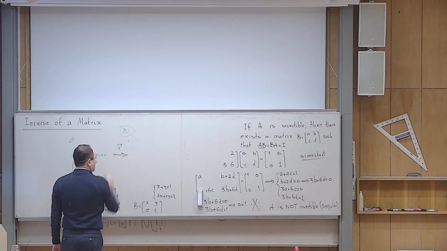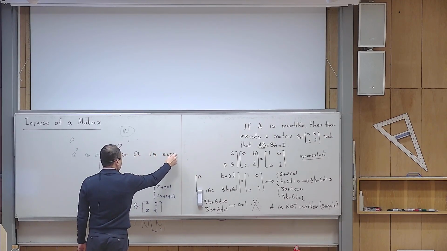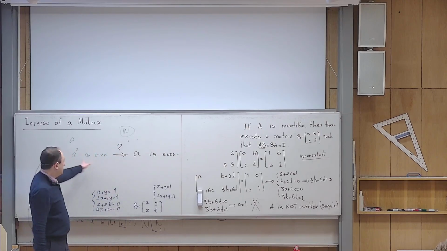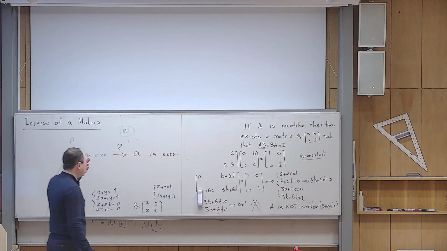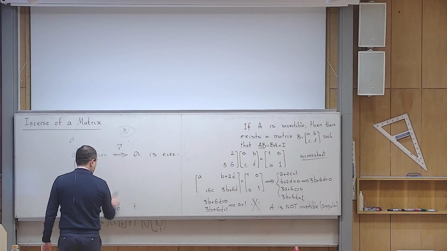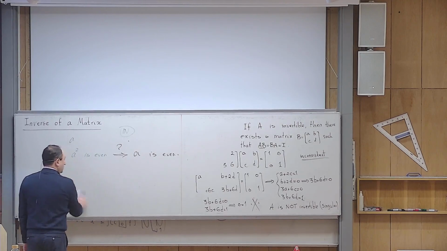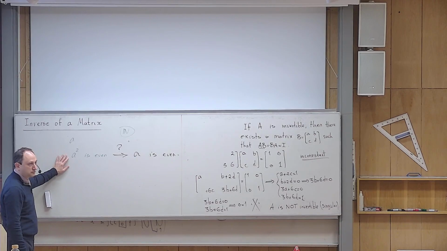You are claiming that a is even. Yes? And I agree with that. That's 100% true. But this is a very simple example to understand that proof by contradiction is really sometimes necessary. Okay? And unavoidable.